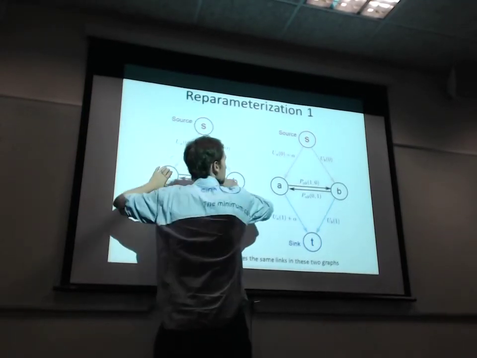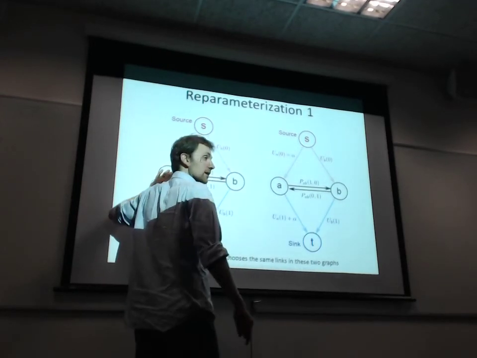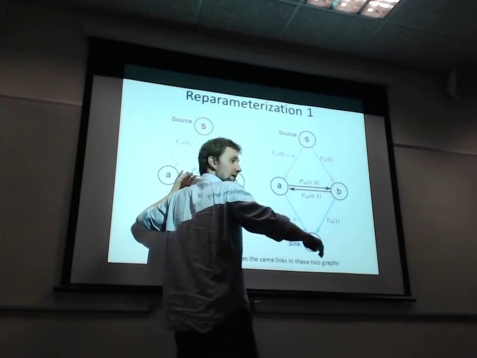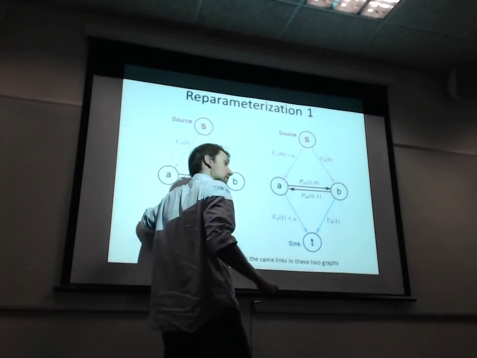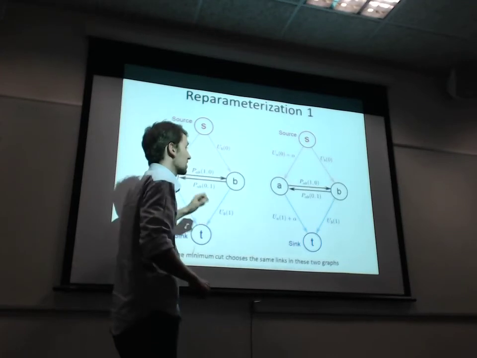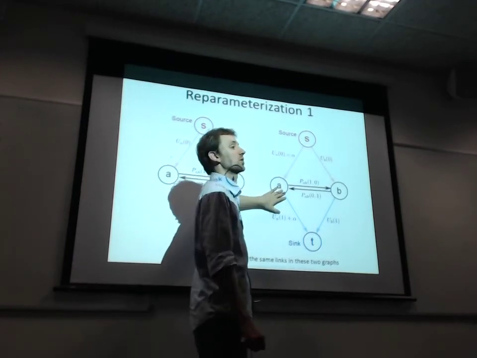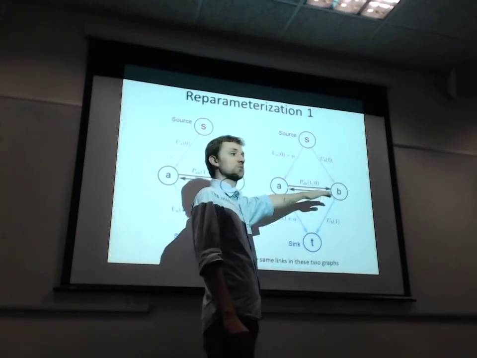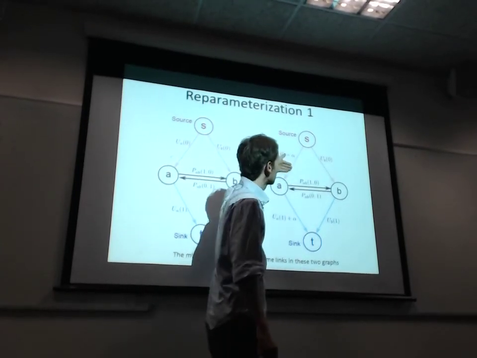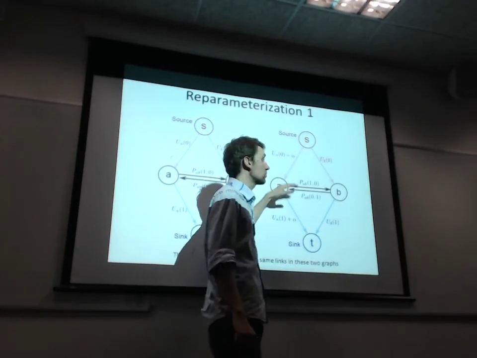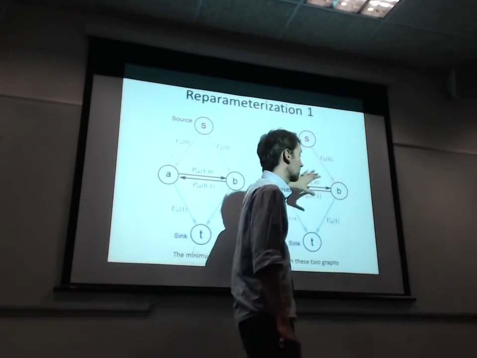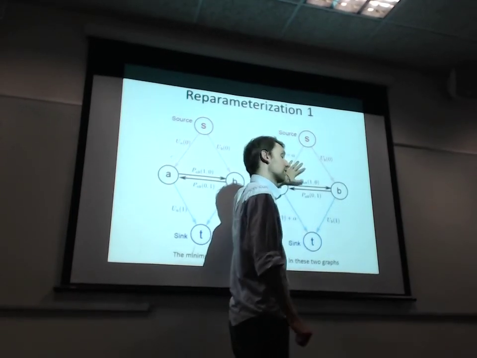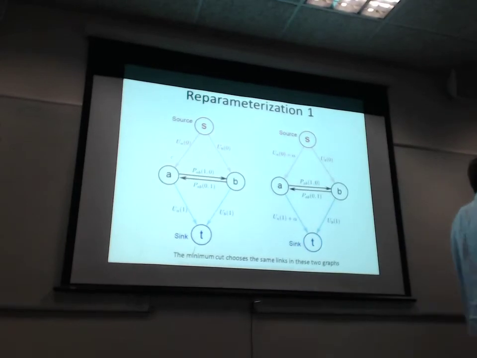If we had 100 pixels in a row, and there was a negative somewhere between pixel 99 and pixel 100, that was the only negative, I could still fix that by just adding alpha over here on pixel number 1, because every cut that looks at all of the 100 pixels is going to have to go through either this edge or this edge. It might do crazy stuff later on, but it will always go through one of these two. So I only have to augment one of them with this reparameterization.